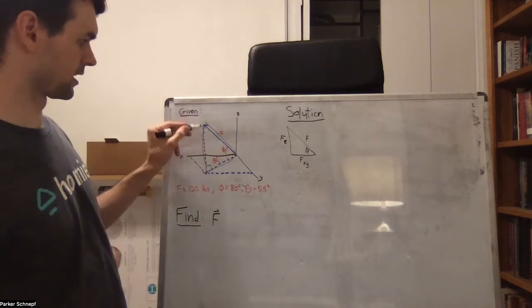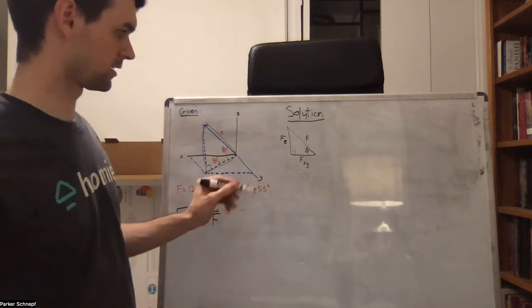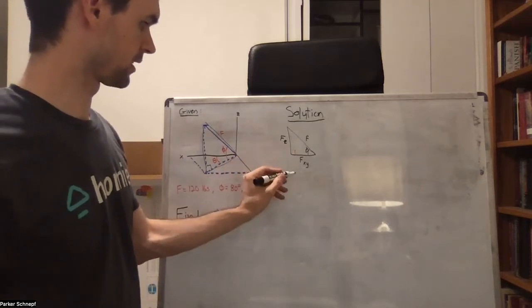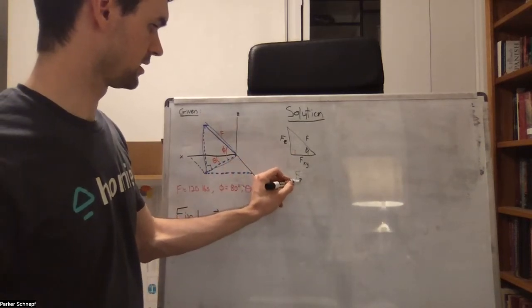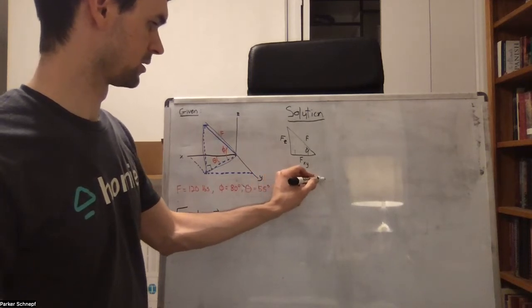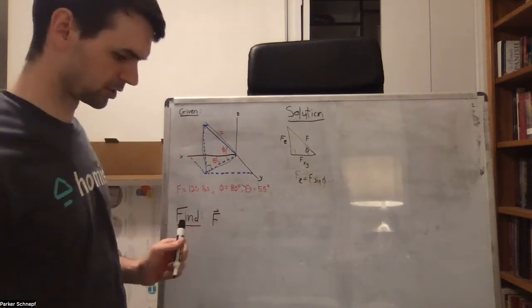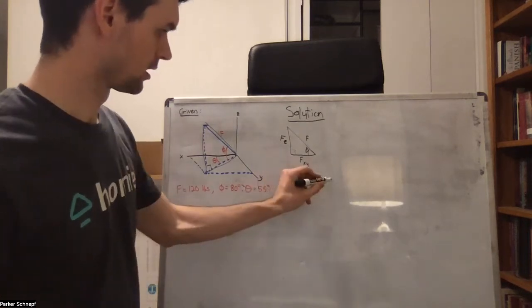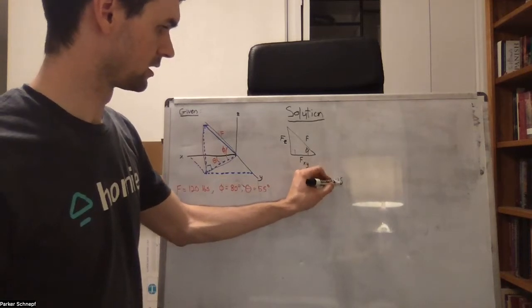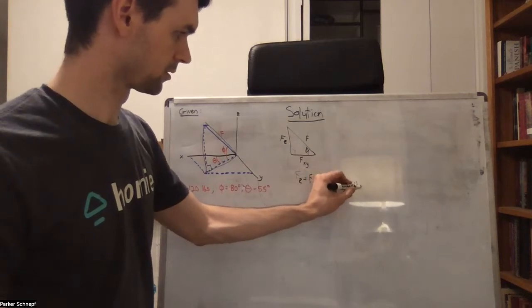We're just looking at this upper triangle, redrawn flat. So you can tell that Fz is just going to be F times sine phi, which, given these numbers, happens to be 118.2 pounds.